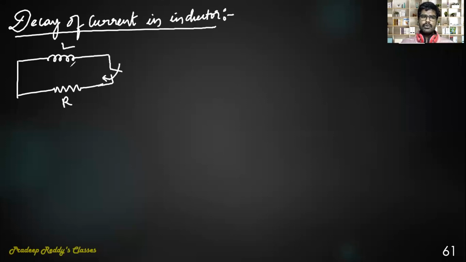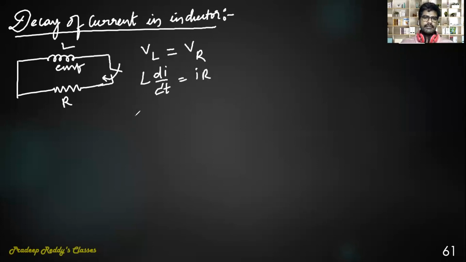When you join these two, the total voltage across the inductor will be dropped across the resistor, because there will be EMF induced in this inductor, since initially you connected it with a battery. So L di/dt is equal to I R.